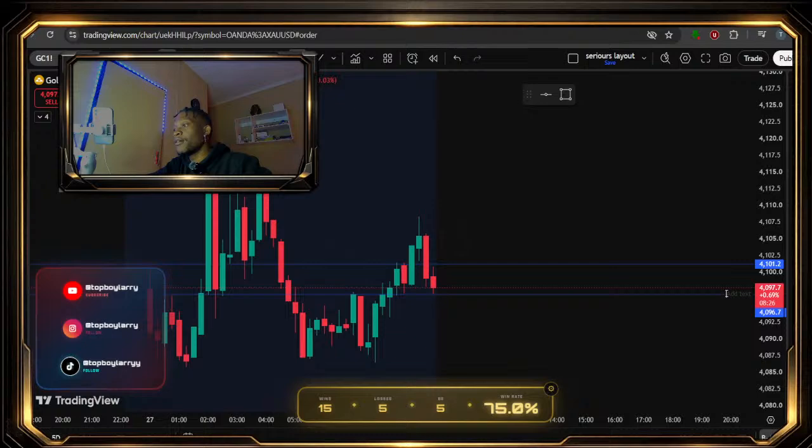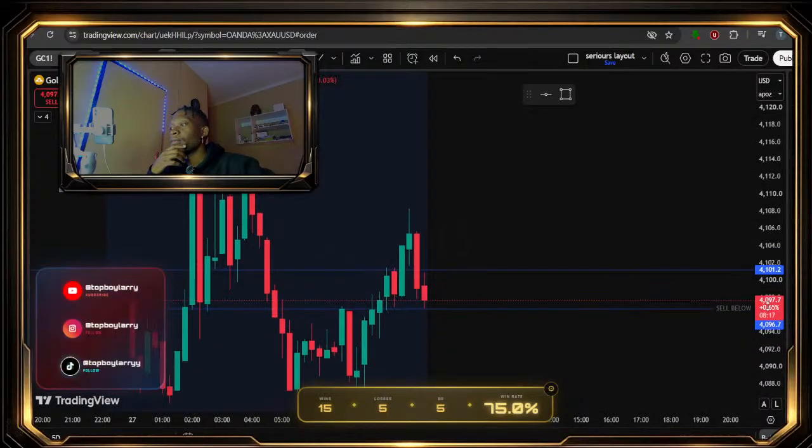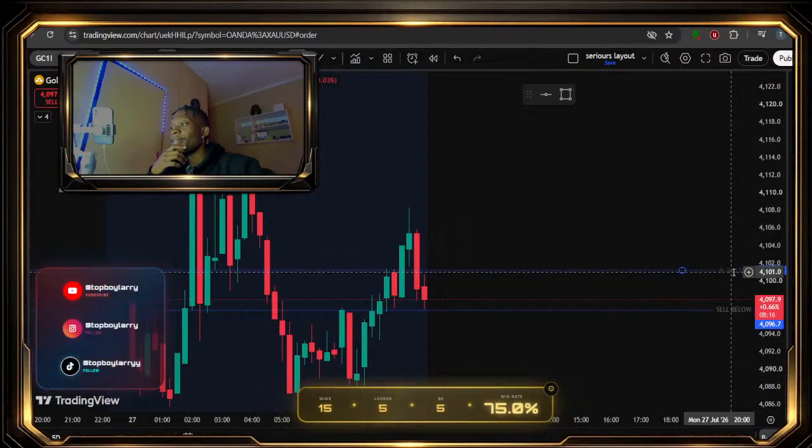40.96 here. Sells below 40.96 here would look good for me. And buys above 4100 here.